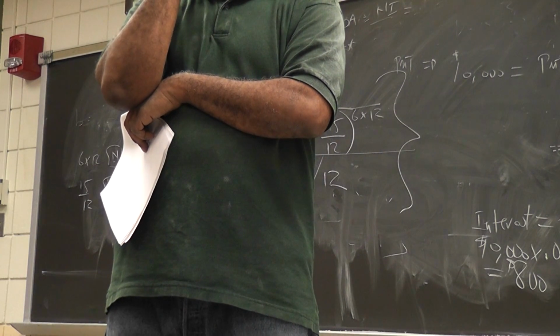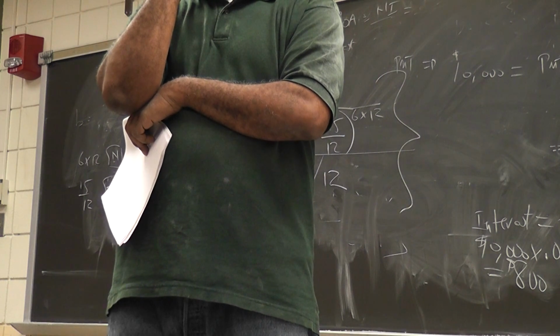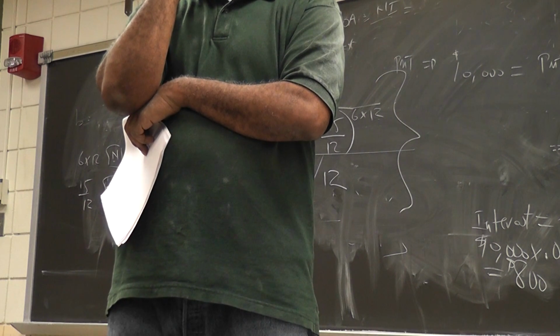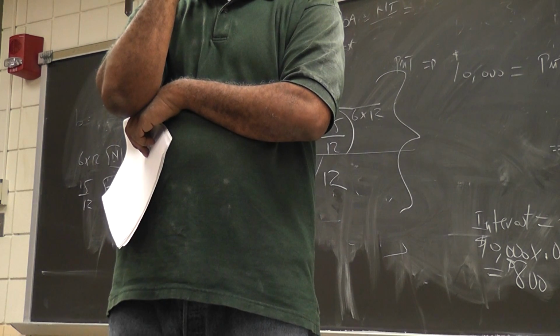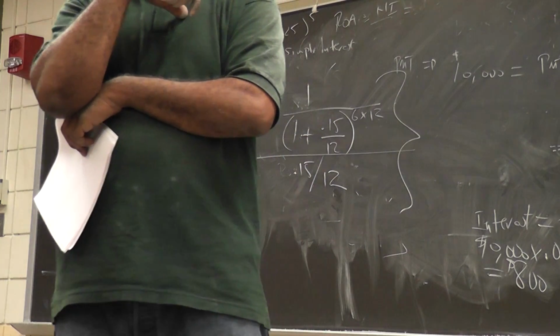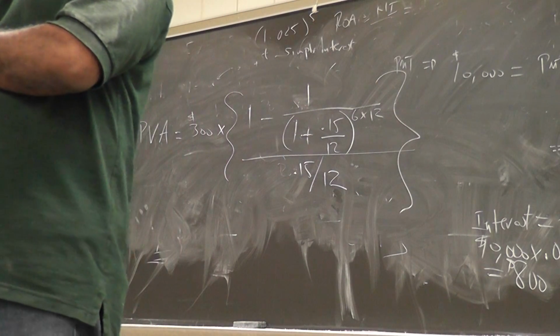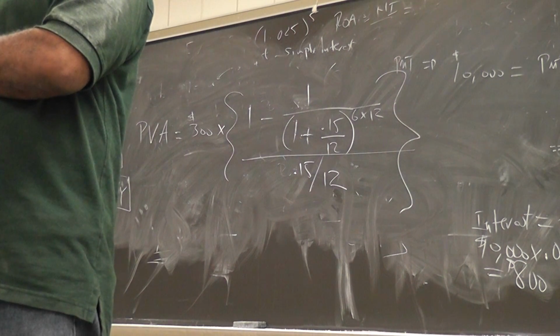For example, if I tell you the rate is 7%, why don't you try, what is 7% divided by 12?